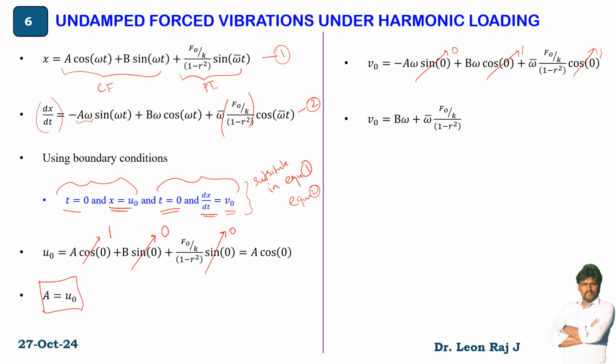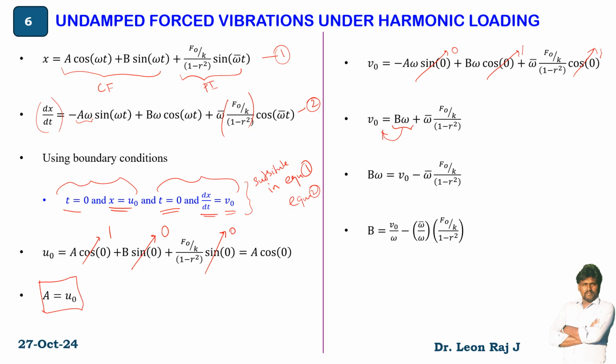So v0 is equal to b omega plus omega bar into f0 by k divided by 1 minus r square. Just take this b omega term to the left hand side and put the v0 on the right hand side: b omega is equal to v0 minus omega bar f0 by k divided by 1 minus r square.